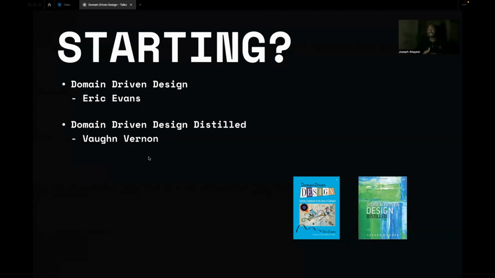I've personally read that, and I'll definitely recommend it to you. I have looked a bit into the actual Domain-Driven Design book, but I haven't been able to go end to end with it. But from what I've learned and from what I've been told by most DDD practitioners, it's definitely a good book to read if you want to get into domain-driven design, although it can be a bit more complex. So you would like to start with something a bit lightweight, especially if you're a beginner.